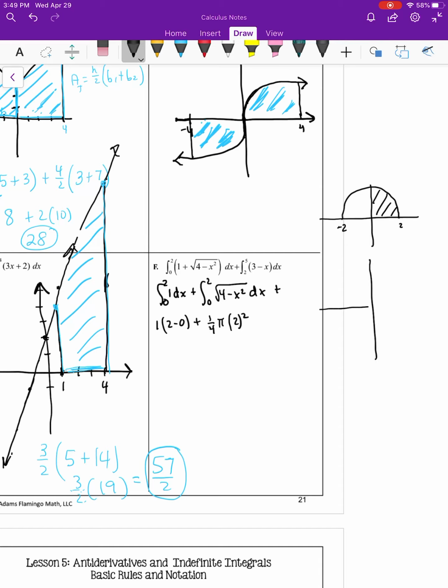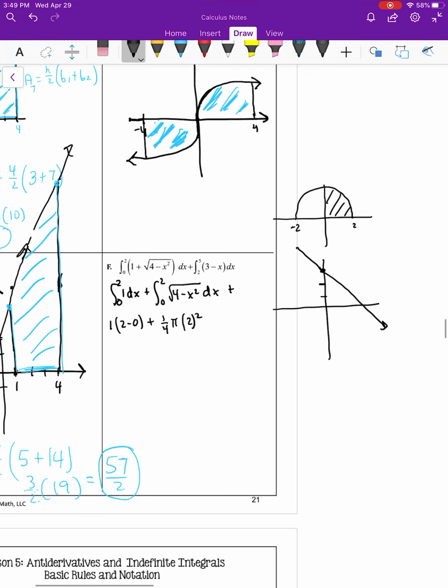And then plus here, the integral from 2 to 5, 3 minus x. I'm going to go ahead and draw that. 1, 2, 3, and it's a negative slope. And I'm going to go ahead and extend that.